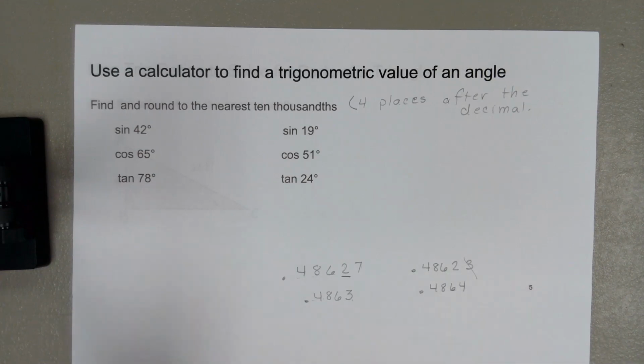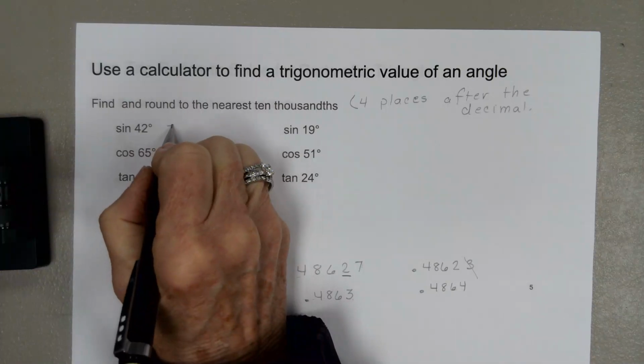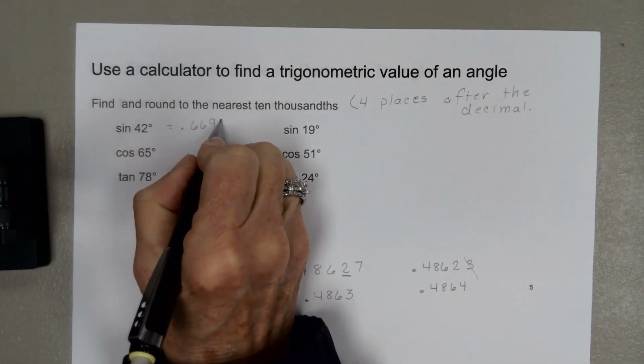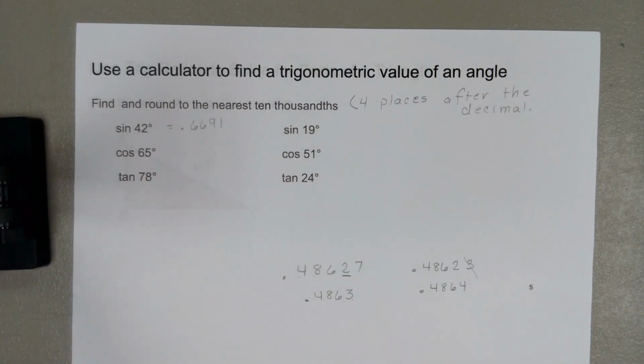Okay, so you're going to pick up your calculator. You would need a scientific calculator or a graphing calculator to do this, and a phone will do it if you turn the phone sideways. So I press the sine, and then I put in 42, and it's going to give me 0.669, and then I round it off to 1.